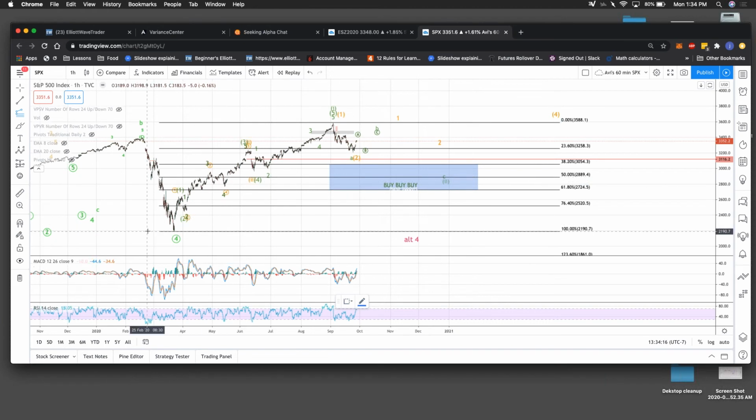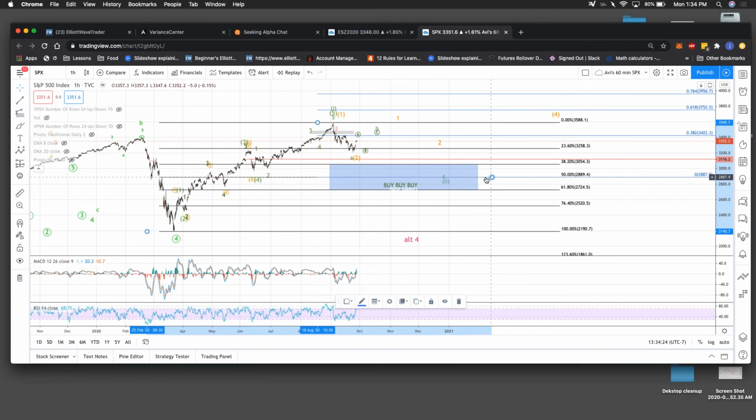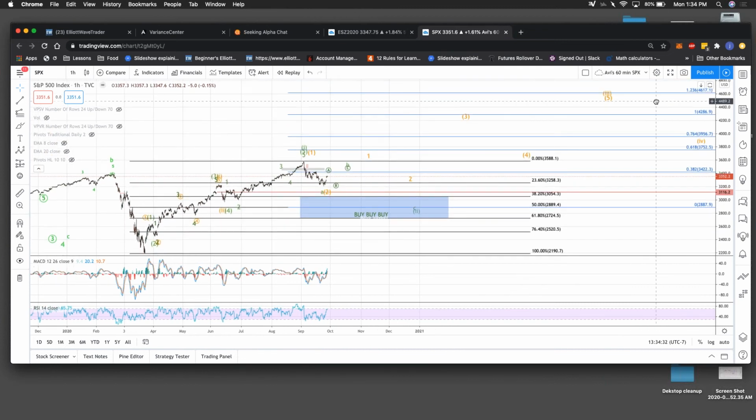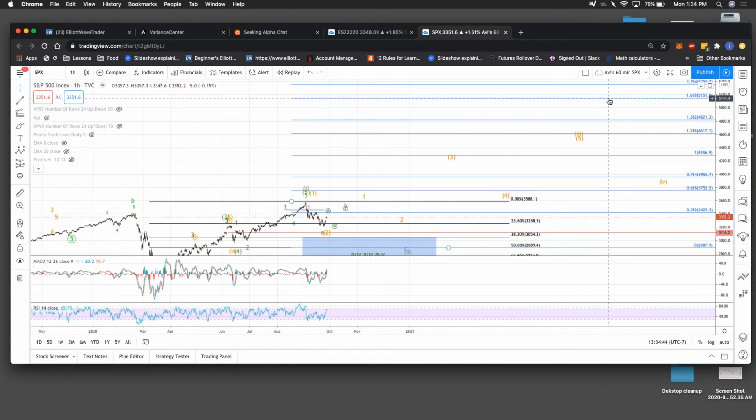What we do is we measure the wave 1, so we measure the length of the green count here, all of the wave 1, and then we project that upwards from, let's assume that, the wave 2 low bottoms right here at the 0.500 retrace. And then we know that our wave 3 in that instance should top between the first standard Fibonacci pinball should come up to the 1.382 to 1.618 level. So that would be 48.20 to 51.51.